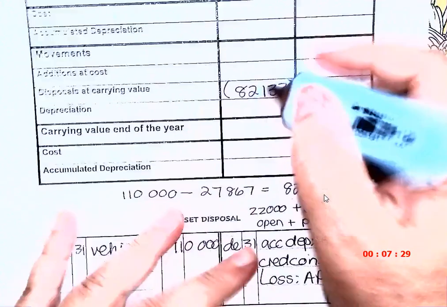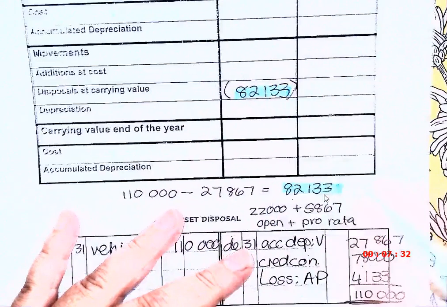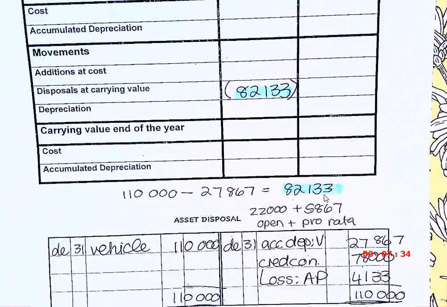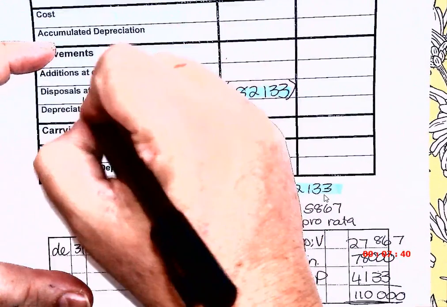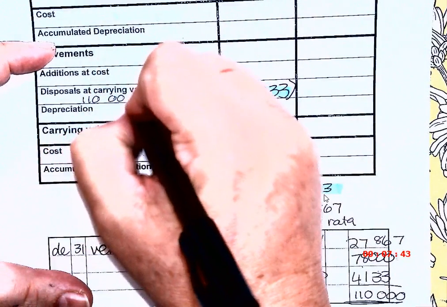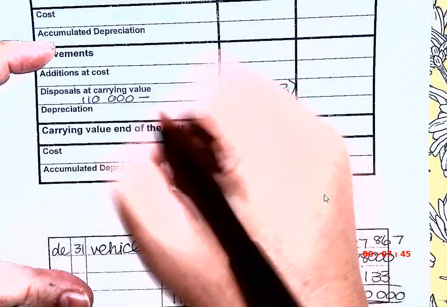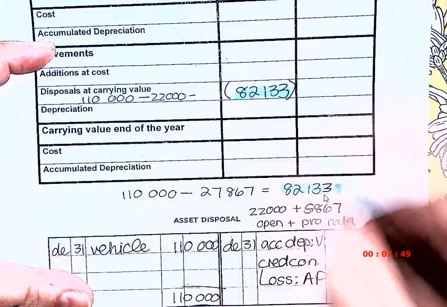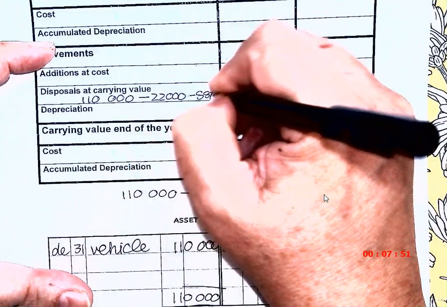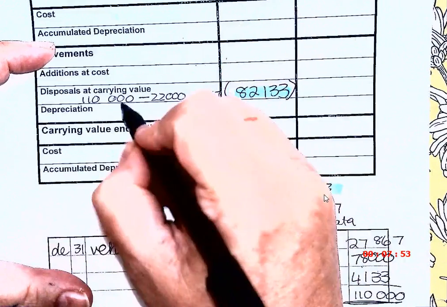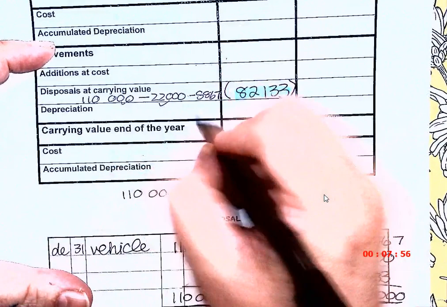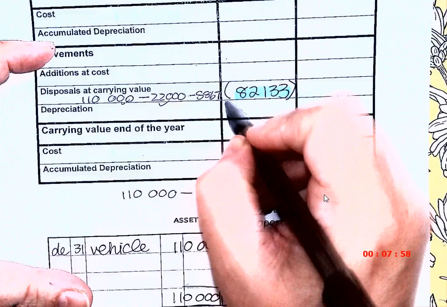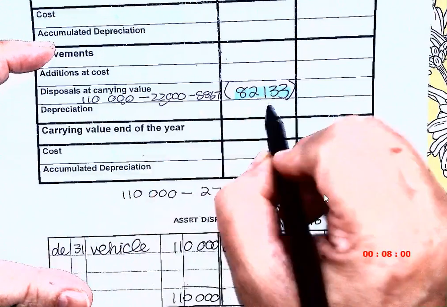But if they do not ask me to do the asset disposal T, you're going to write down for me: it's 110 less 22. Please split the 2 always. Less 5867. Why do I want you to split it? Because these two you must have right. This one you might have wrong. But then at least you got 2, 3 marks.